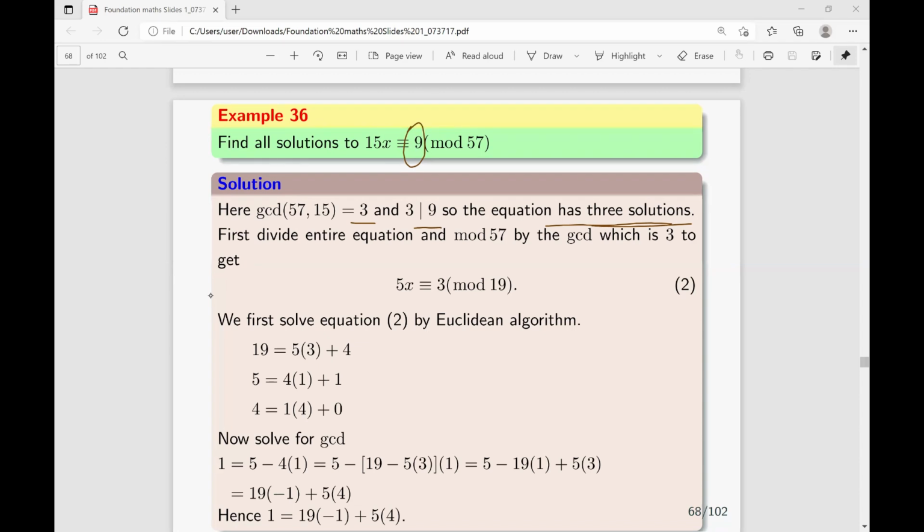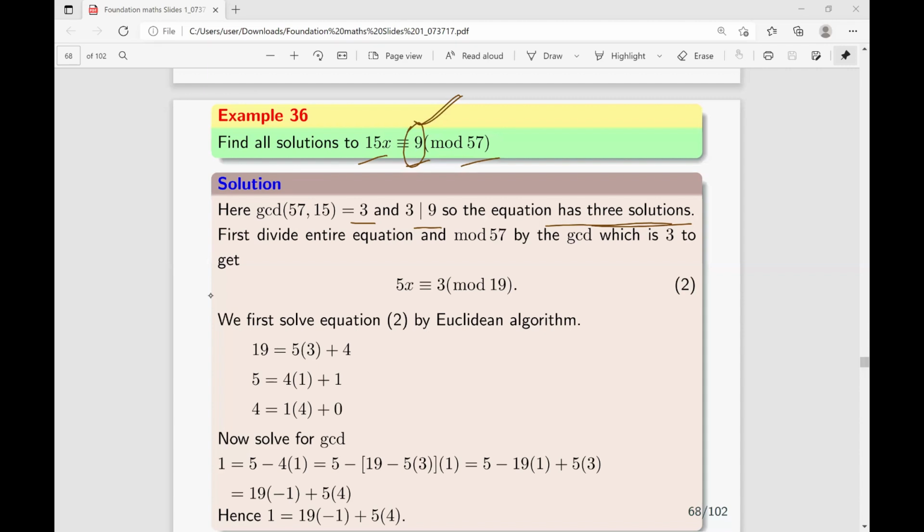When the GCD is 3, and 3 divides this number, it means the numbers 15, 9, and 57 have 3 as a common factor. When you were doing the previous example, I said that if there is a common factor, you divide it through by the common factor first of all, before solving.